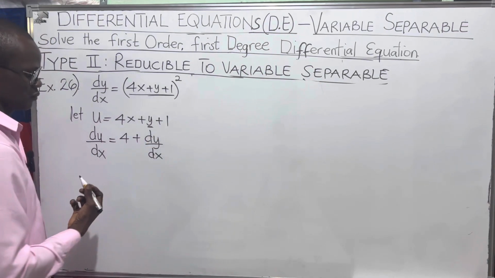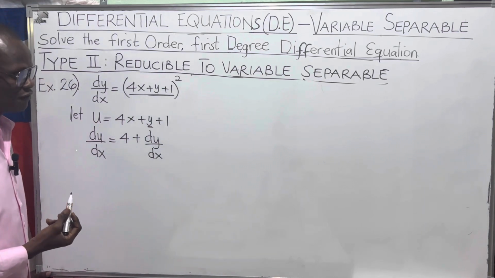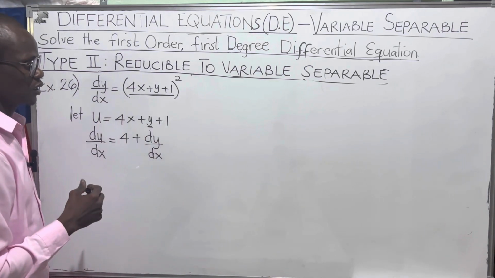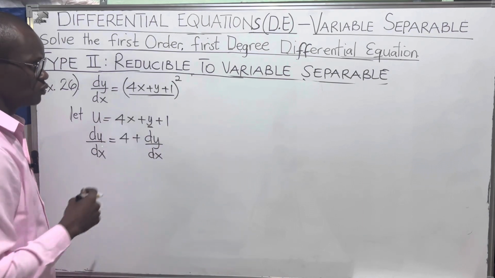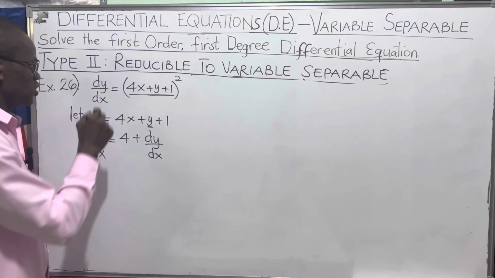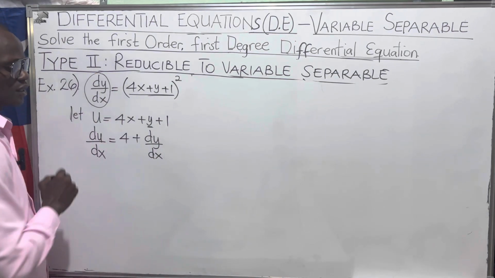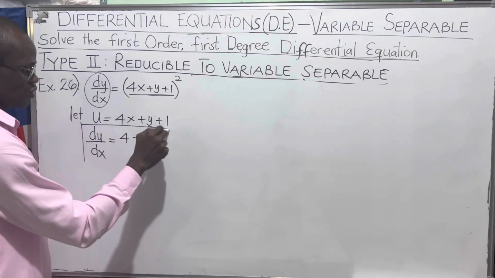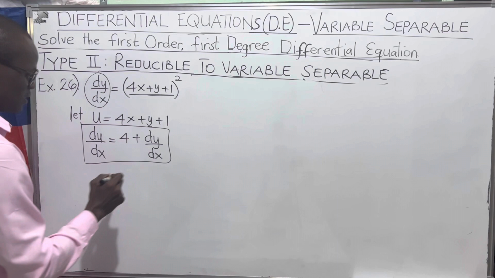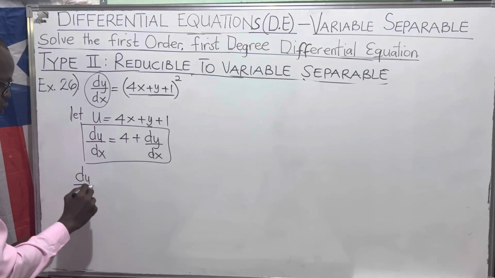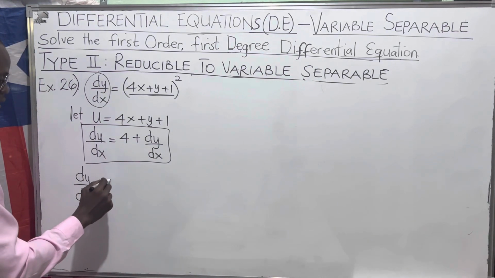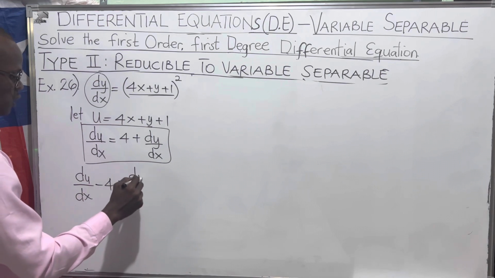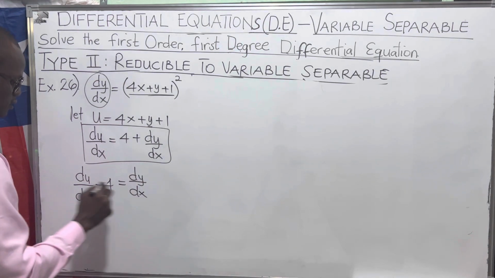The 1 differentiates to 0. After we have substituted this portion with u, the next thing we need to do is solve for dy by dx from this new equation. So du over dx minus 4 is equal to dy by dx.